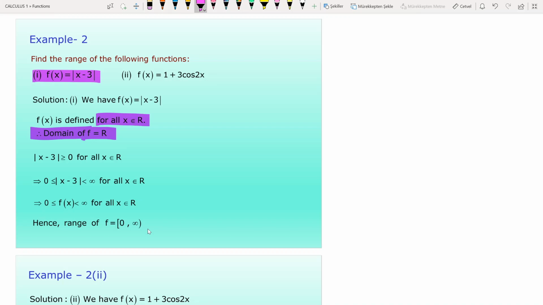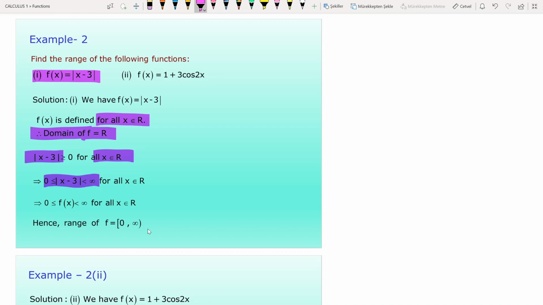What about the range? As you know, the absolute value function cannot be negative, so the absolute value of x minus 3 is equal to or greater than 0 for each x. You have these inequalities again for each x.